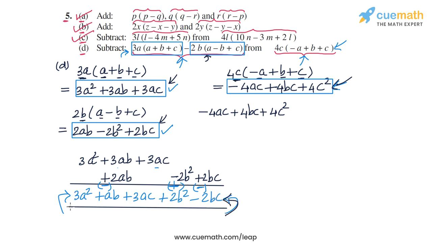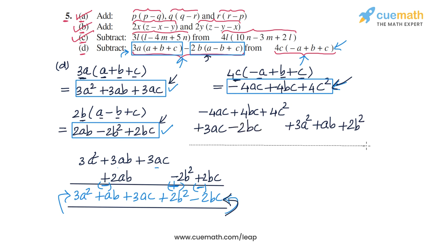So from this expression that we have to subtract, we have plus 3a square, which I write separately, then we have plus ab, which also we'll write separately, and then we have plus 3ac, which I will write below minus 4ac, then we have plus 2b square, which I will write separately, and then we have minus 2bc, which we will write below 4bc.